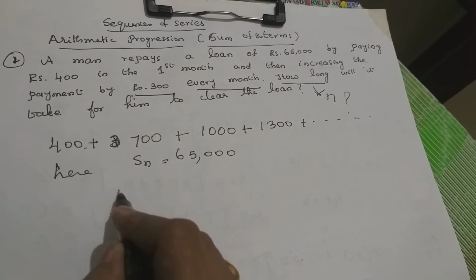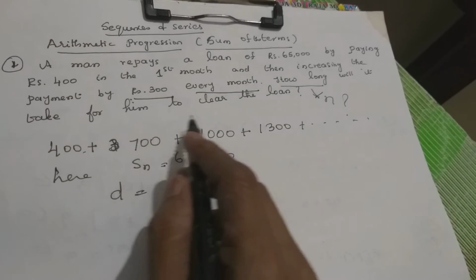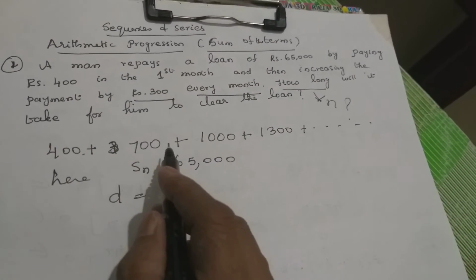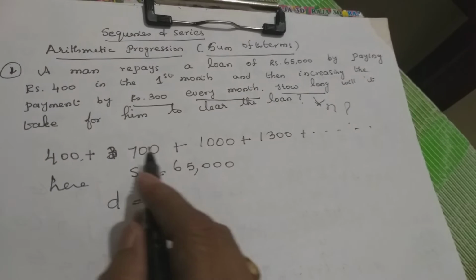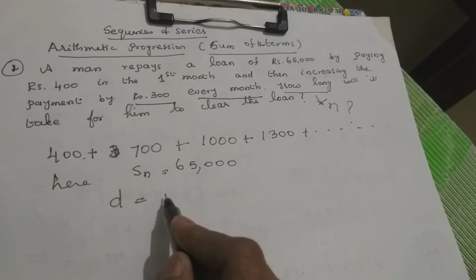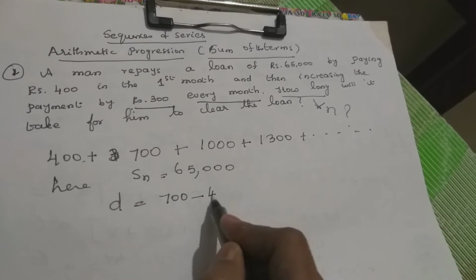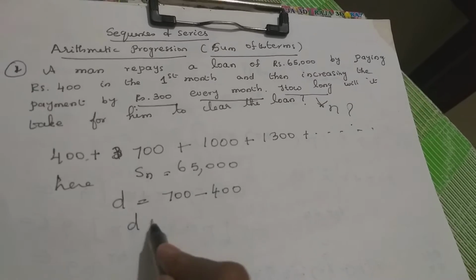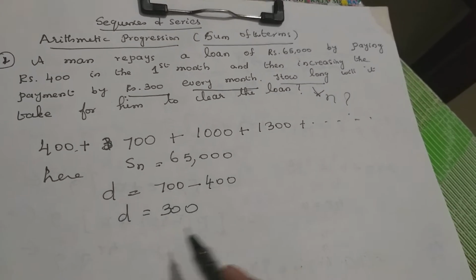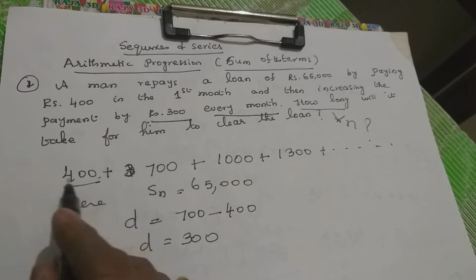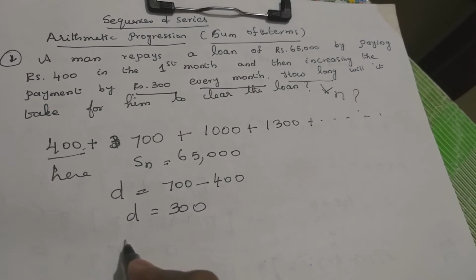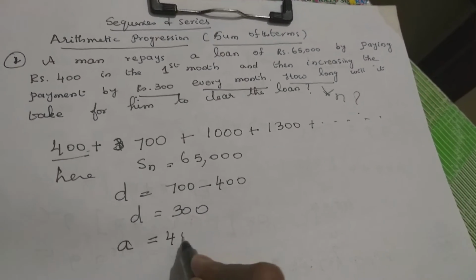And what is the difference? Every month, how much is the amount increased? 300. So 700 minus 400, we get d is 300. And a always means the first term. Here a is 400.